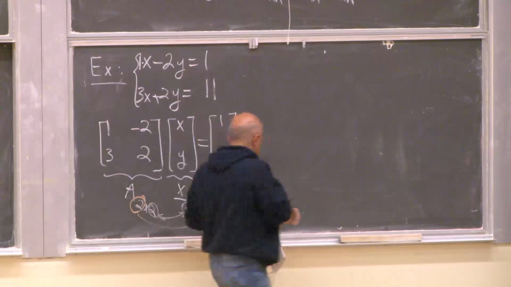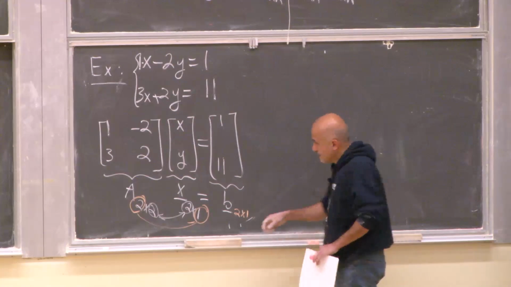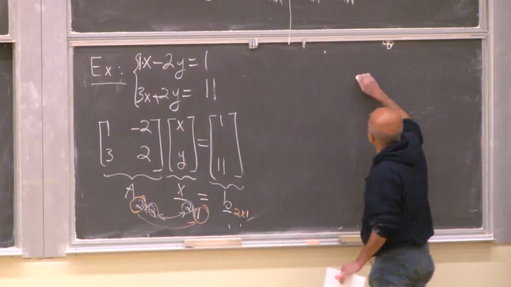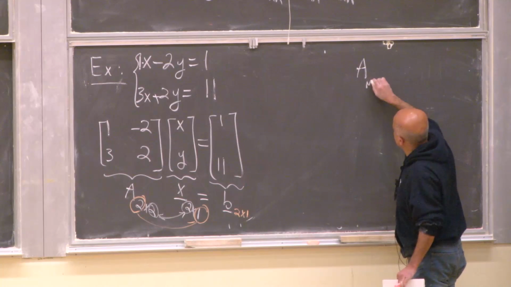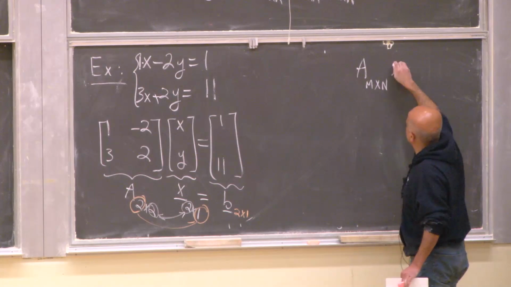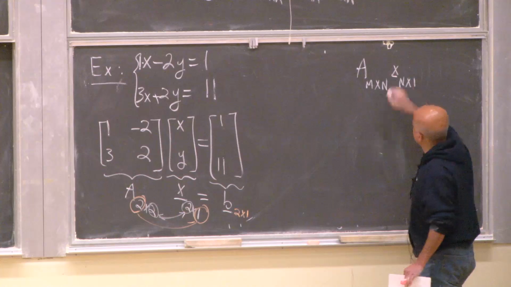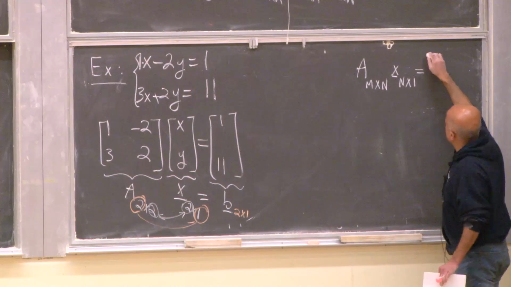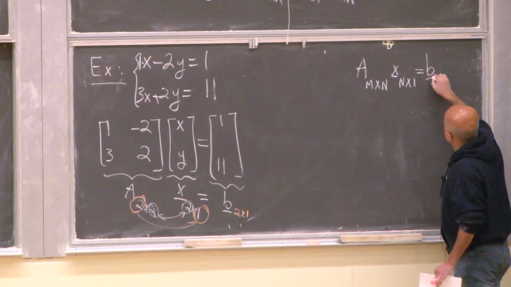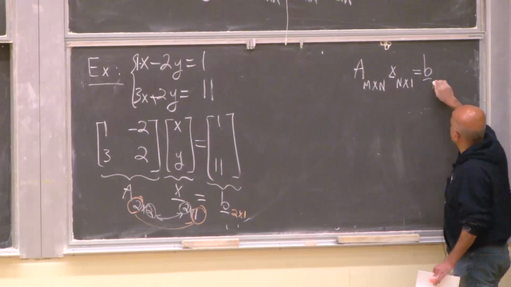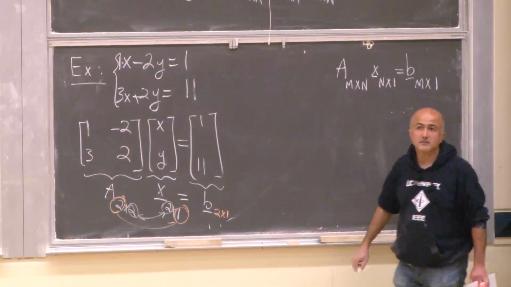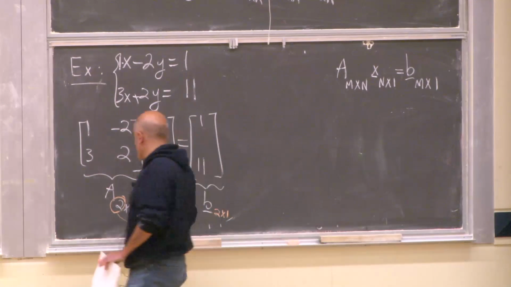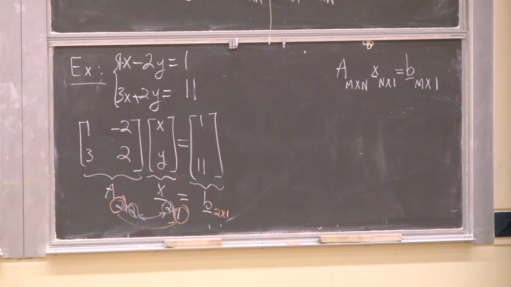So if I have, in general, an m by n matrix multiplying an n by 1 vector, or an n vector, what I get is a b that is m by 1. You've got to keep track of these dimensions. If somehow throughout your derivations the dimensions mismatch, then you've done something wrong.